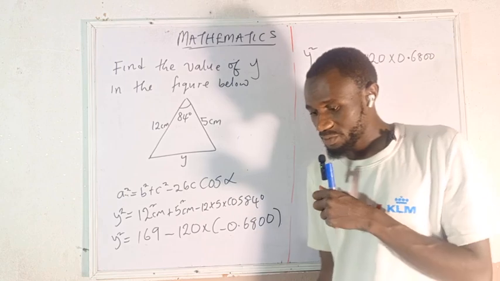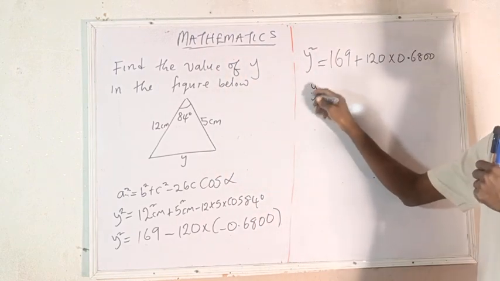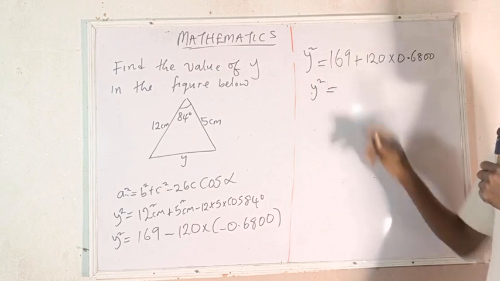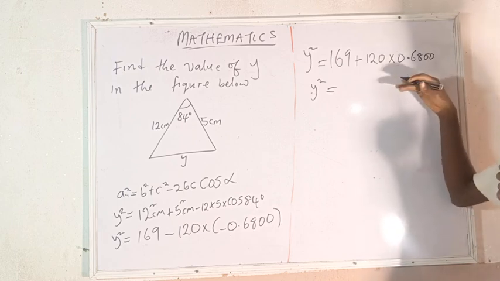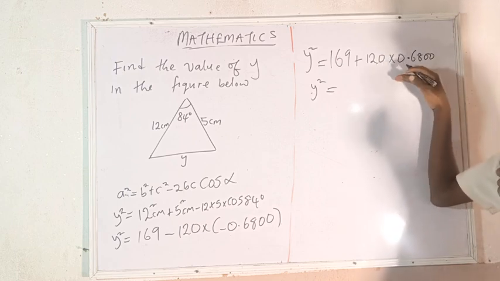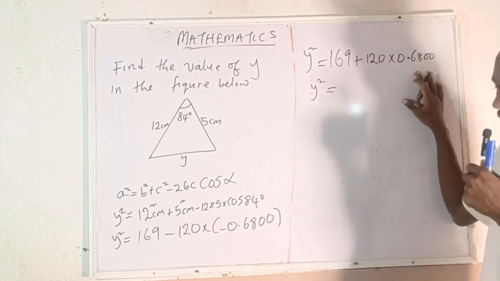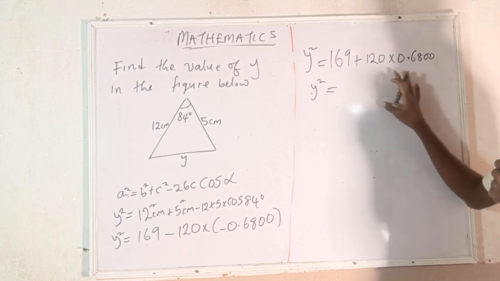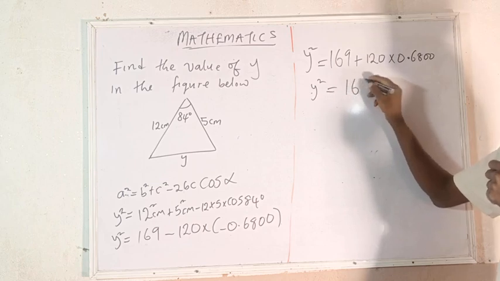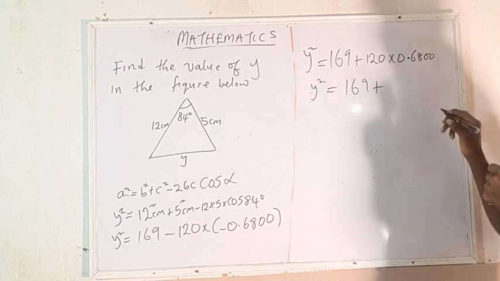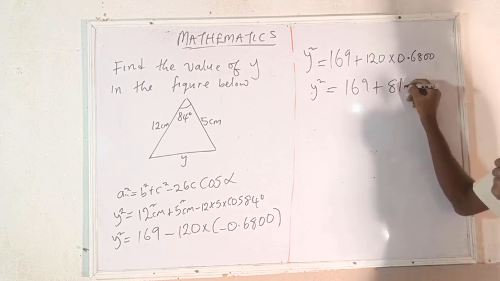If you multiply this, we have to follow the rule of BODMAS, multiplication before addition. If you multiply 120 times 0.68, you will get 81.6.